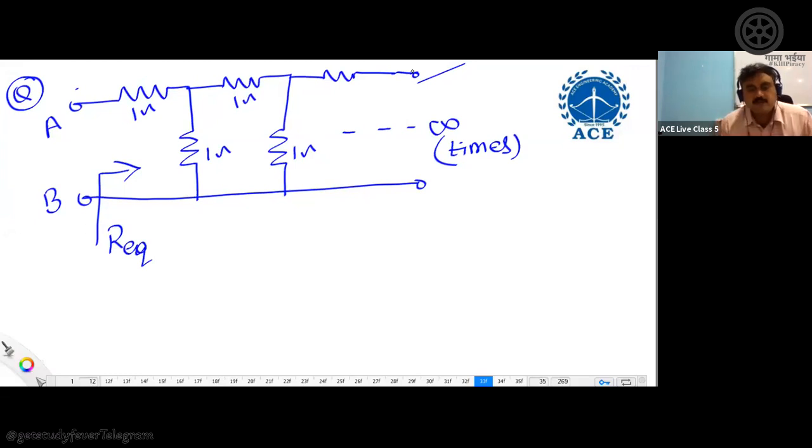Now, what will be the R equivalent here? Just try to understand this point. Whatever the R equivalent you are seeing across terminals A and B, the same R equivalent you will also get across terminals C and D. These are terminals C and D. You will get the same R equivalent between these two terminals.